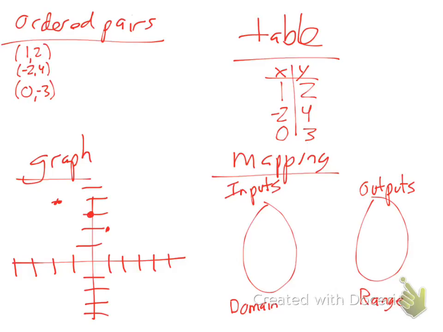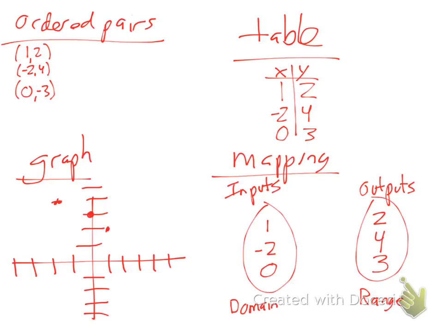Remember, domain are the values we put in, range are the numbers we take out. And so what we do is we take all of the x values and we place them in there. The thing about it is we never repeat a number. So if 2 numbers had a 1, you would only have to write 1 once, or a -2 or a 0. And then I come over here, on my outputs, put my range, or my y values.